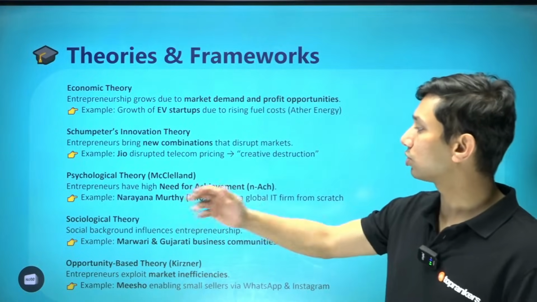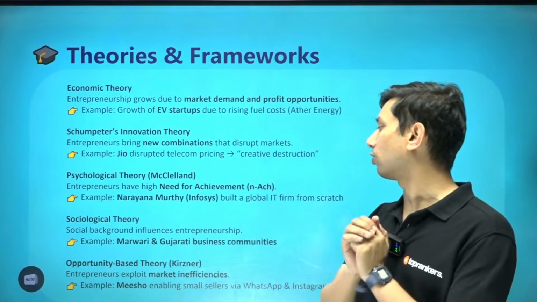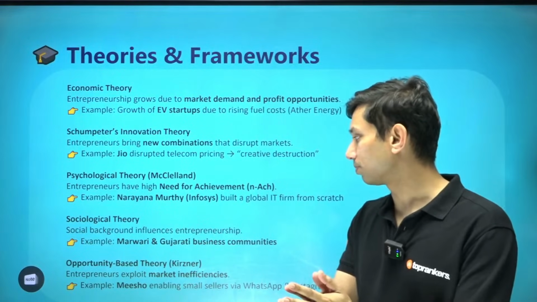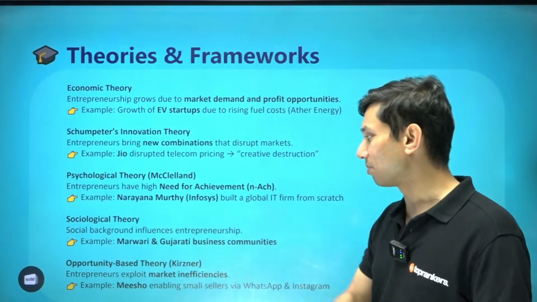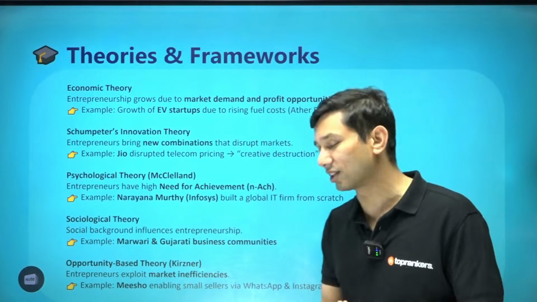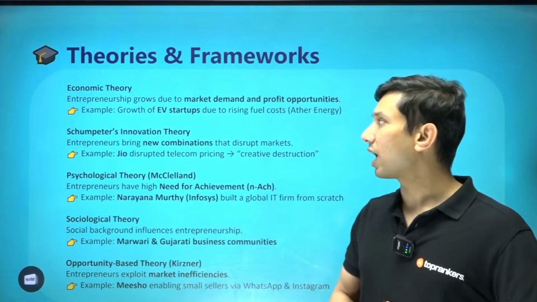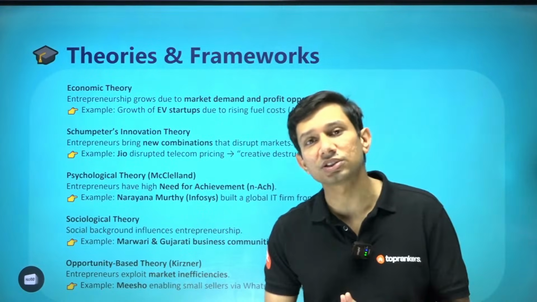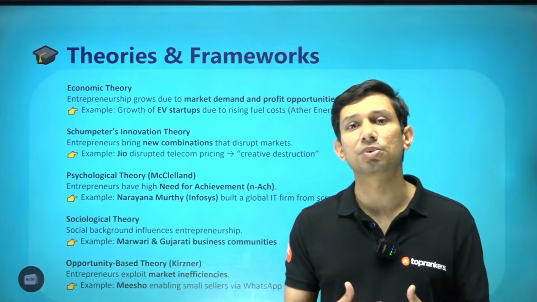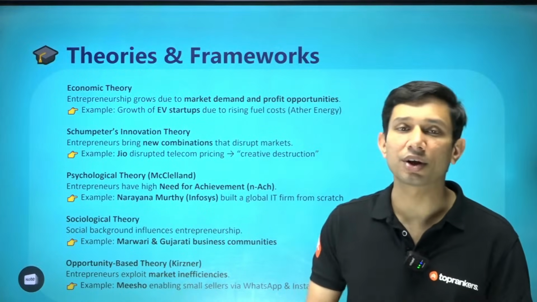Moving on to the sociological theory, social background influences entrepreneurship. Needless to say, a lot of communities, specifically Marwari and Gujarati communities, have entrepreneurship built in them through the generations that have passed on a similar culture day in and day out.